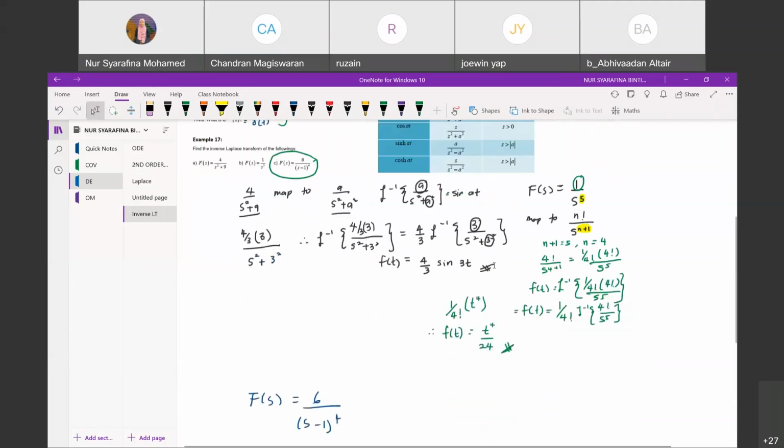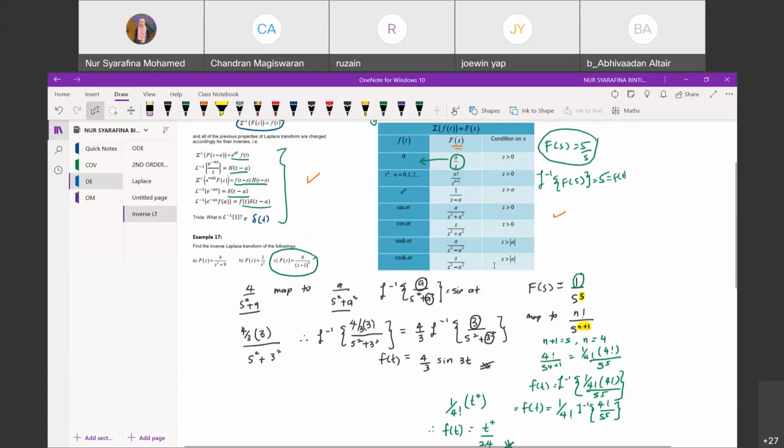Okay, as you can see, the most suitable form of this F(s) is only F(s minus a). Where there is no restriction of this function for s to the power of something or not. Okay, so the most suitable form is F(s minus a), where this form is s minus 1.